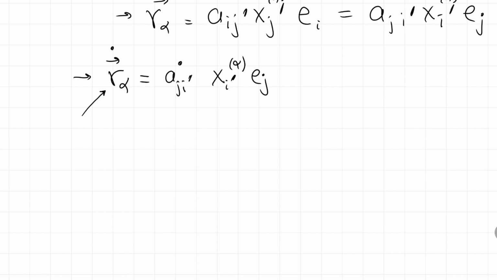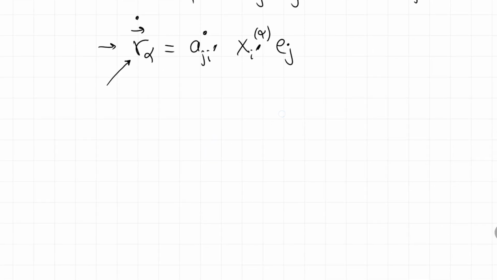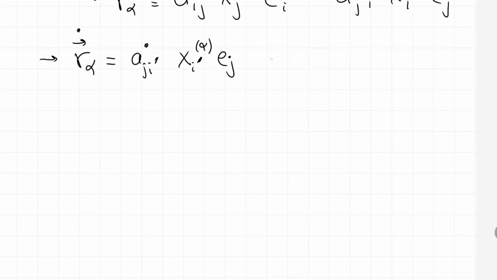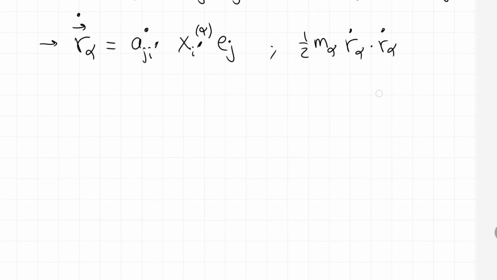If we want to find the kinetic energy of the rigid body, we need to sum the kinetic energy of each particle that composes the rigid body. So the kinetic energy of this particle, of course, is going to be 1/2 the mass of the alpha particle times r dot alpha squared.